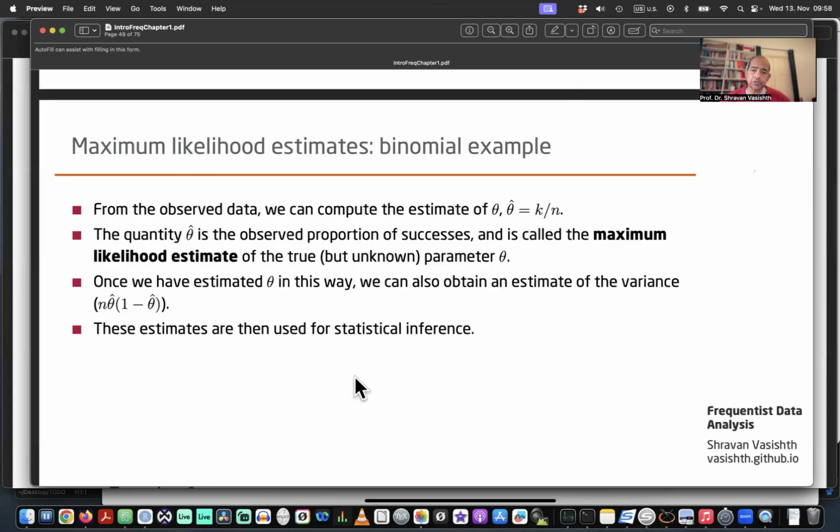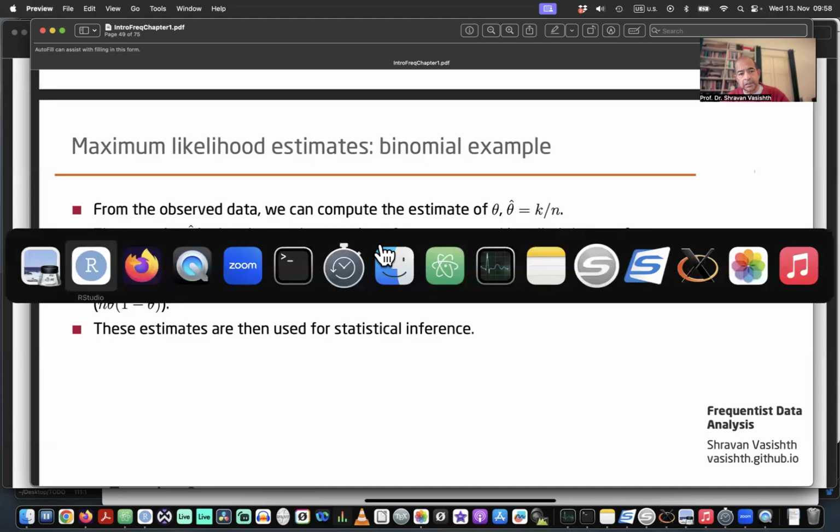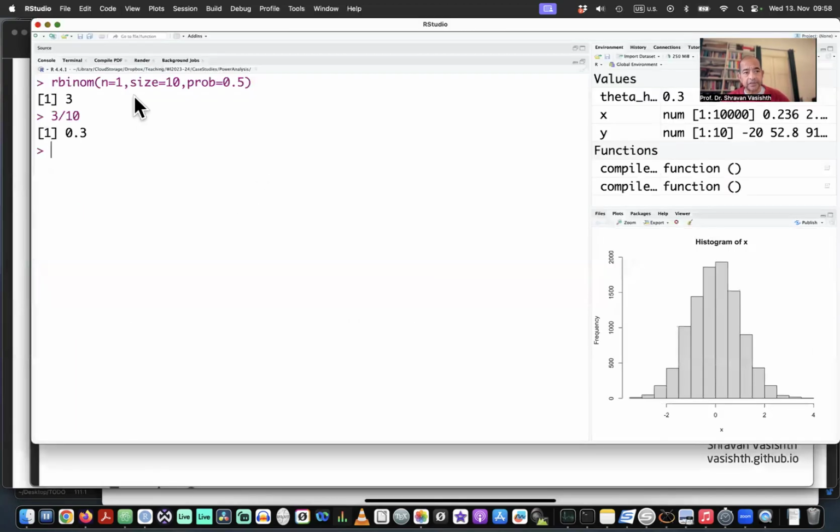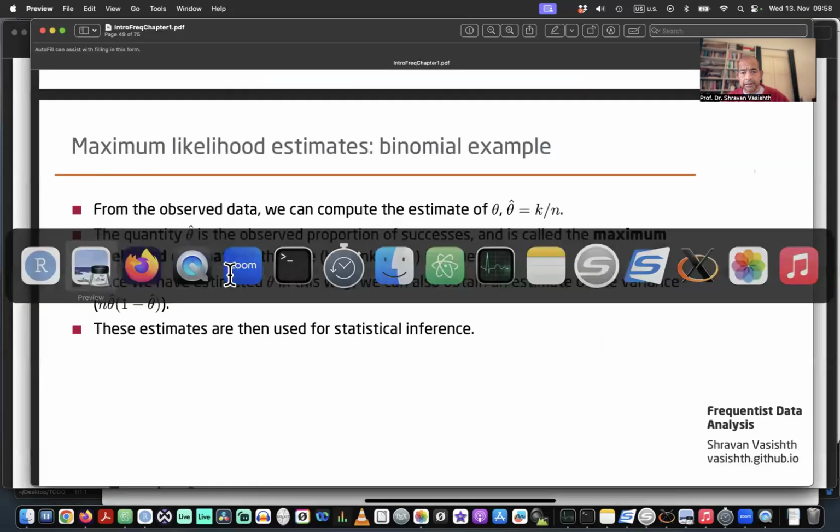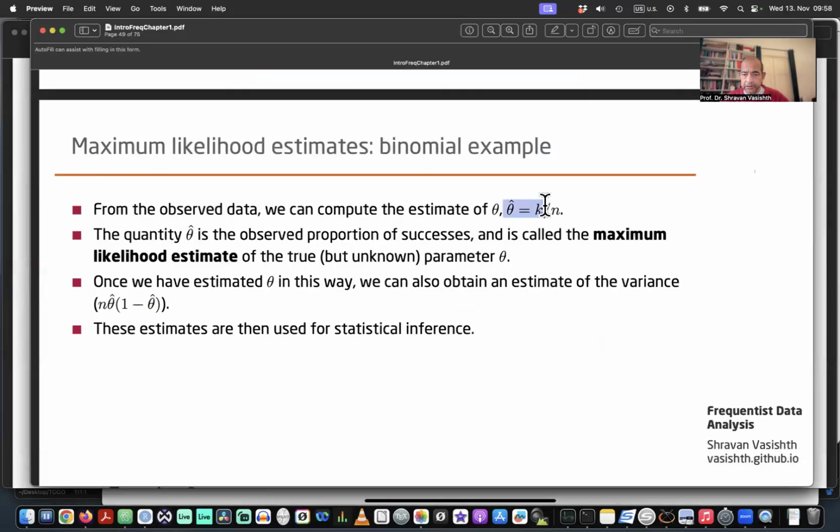When I'm collecting data in real life, I don't know what this probability is. I'm just trying to estimate it from the data. The first step in statistical inference is going to be to estimate the parameters of the distribution that is assumed to have generated the data. The estimate that I get by using this formula in the binomial case is called the maximum likelihood estimate of the true unknown parameter theta.